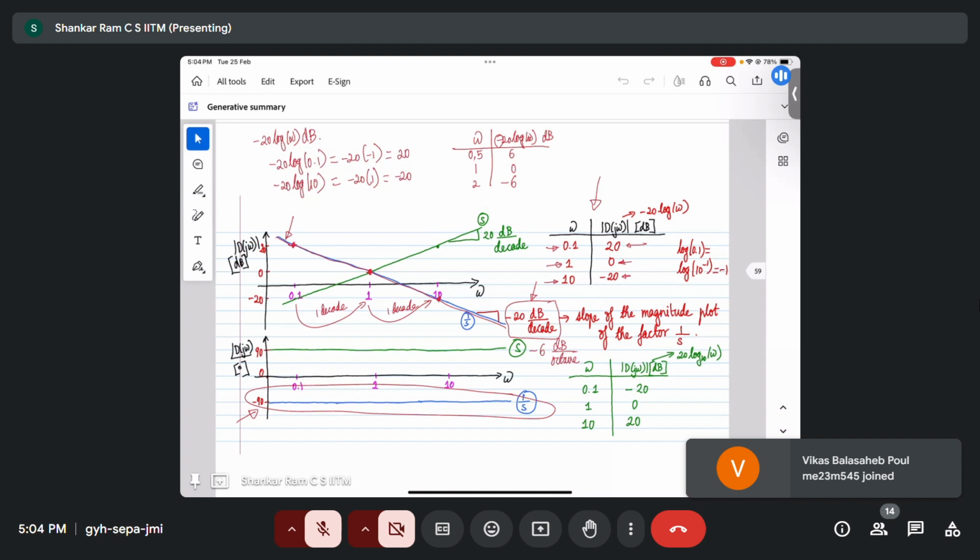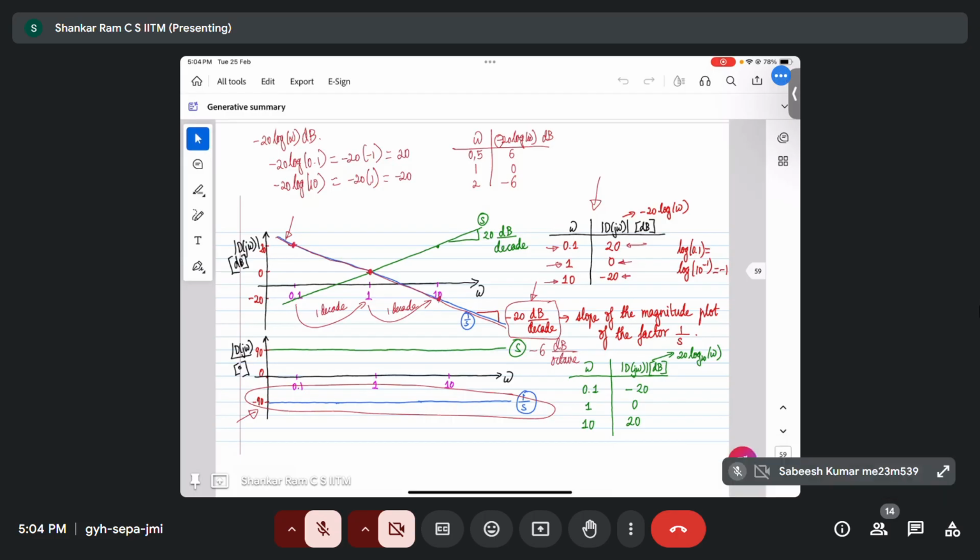The advantage of that, as we realized, is that a larger range of frequency is plotted, and particularly the low frequency range is expanded, right?